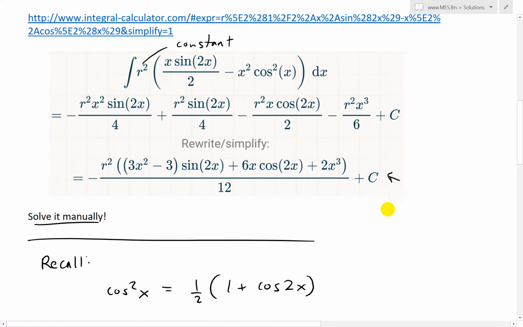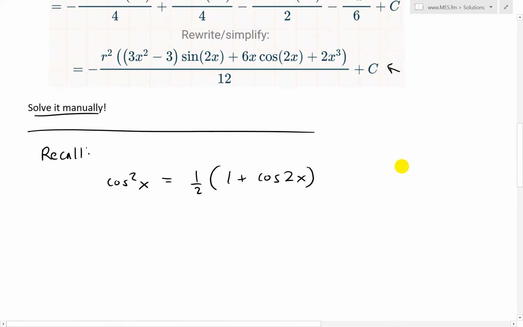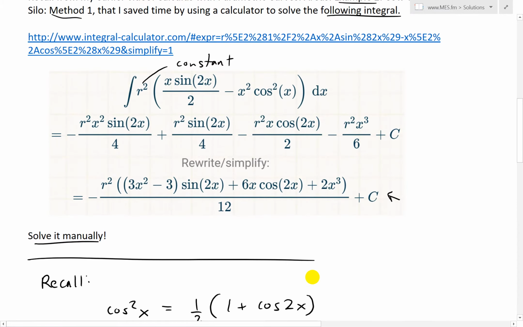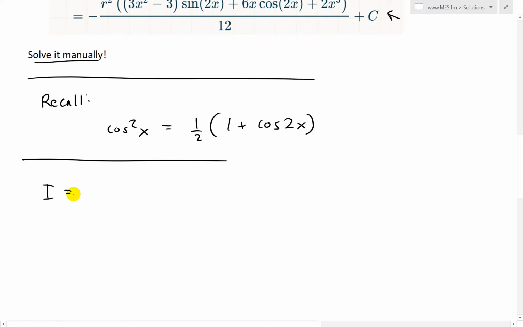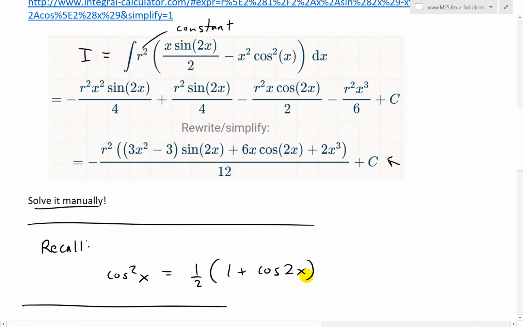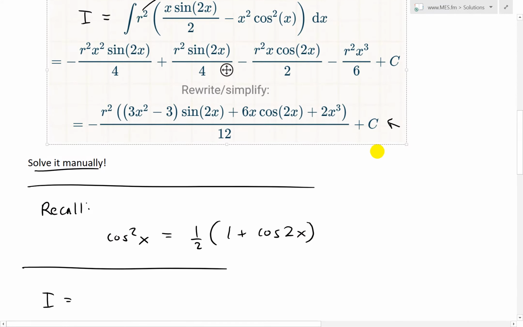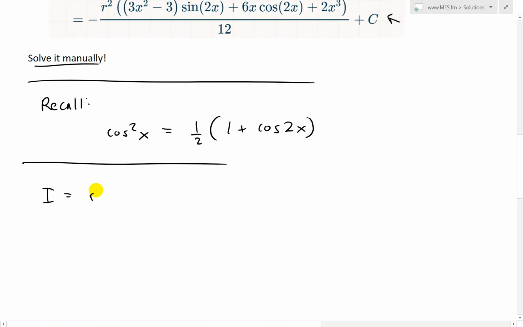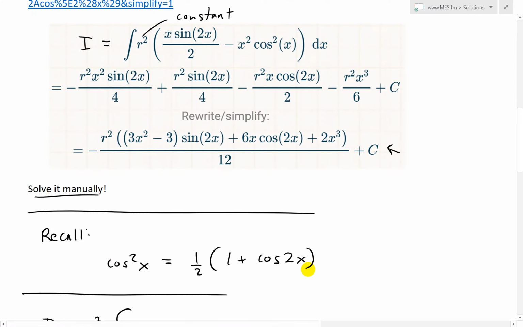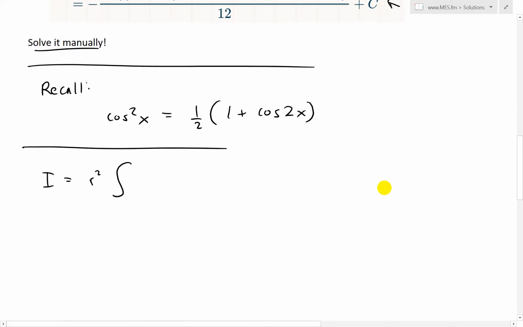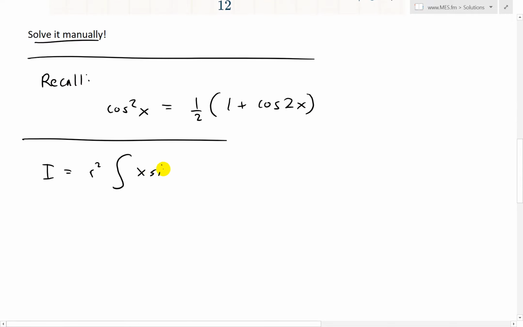Then if we throw that inside, what we end up getting is, and to save time in writing, I'm going to let this integral equal I. So then we have I is equal to, and I'll take out this constant r squared. So we have r squared times the integral now of x sine 2x over 2. So x sine 2x over 2.